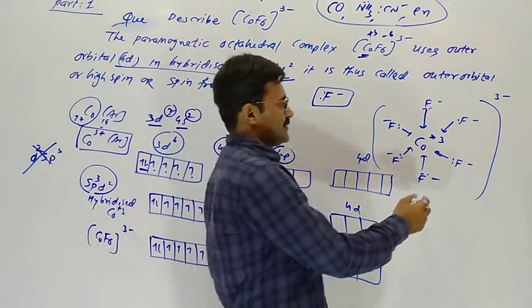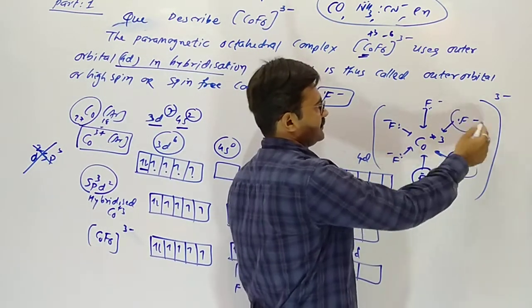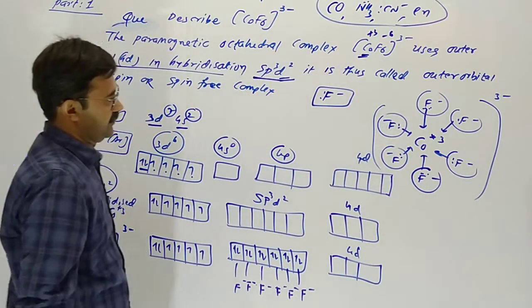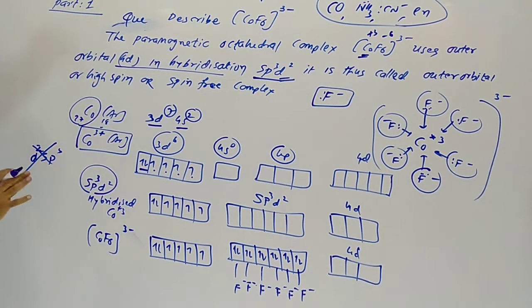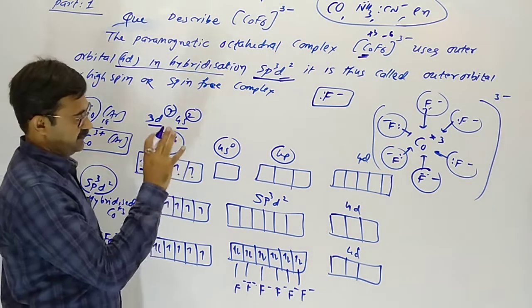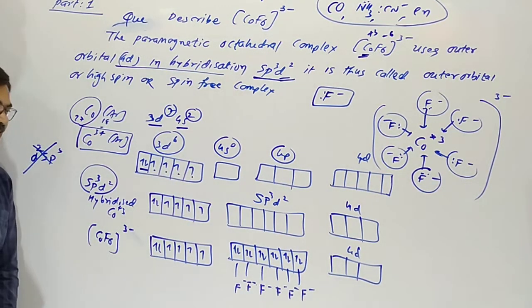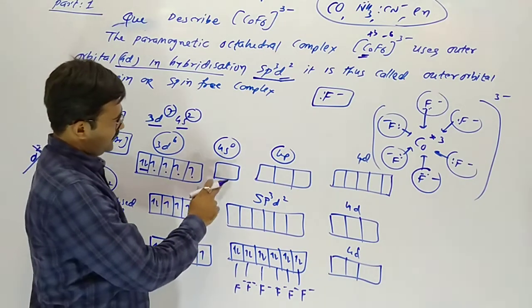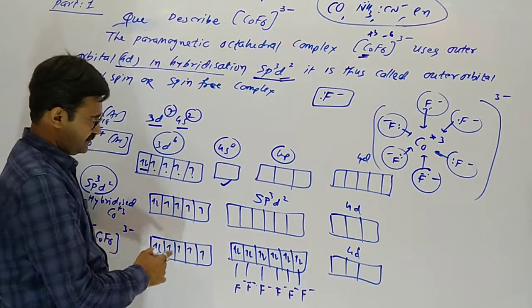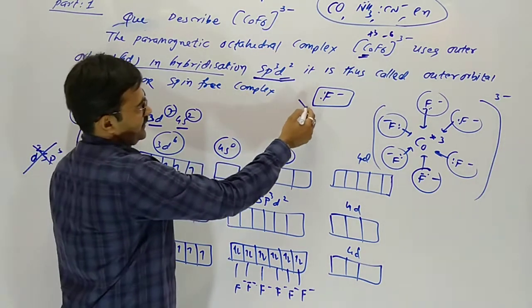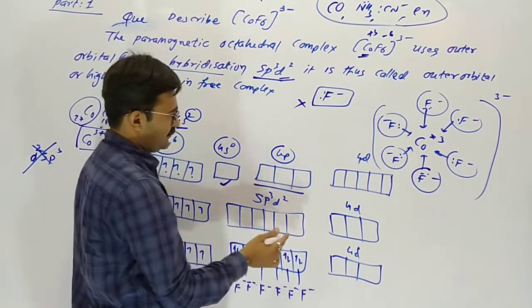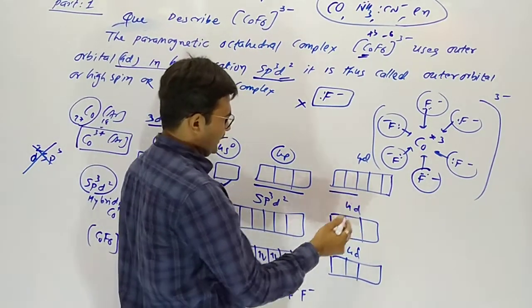Why? 6 ligands are coming to make 6 coordinate covalent bonds. To make 6 coordinate covalent bonds, 6 vacant orbitals should be present in the metal. The fluoride is not capable of rearranging, so one 4s, three 4p and two 4d will be used.